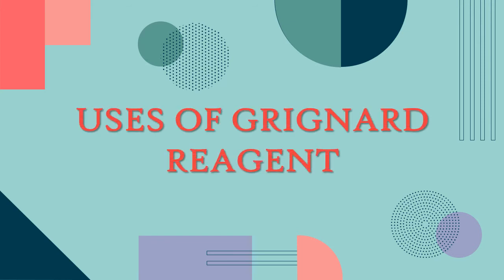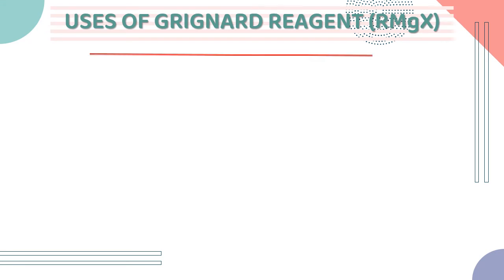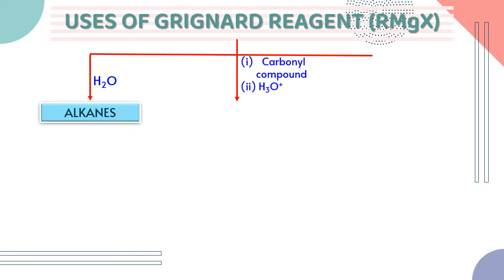Uses of Grignard reagent. This Grignard reagent can be used in 3 different ways. The first one, reaction of Grignard reagent with water, we're going to get an alkane. Second, reaction of Grignard reagent, RMgX, with a carbonyl compound and also acidify, a 2-step reaction at the carbonyl.